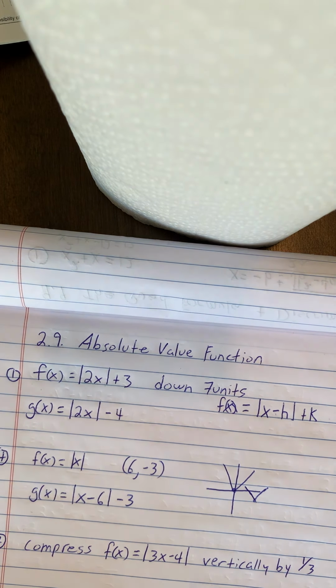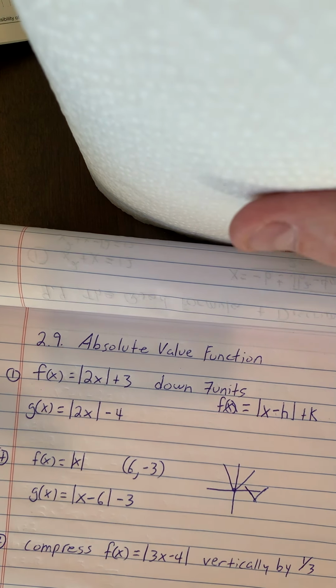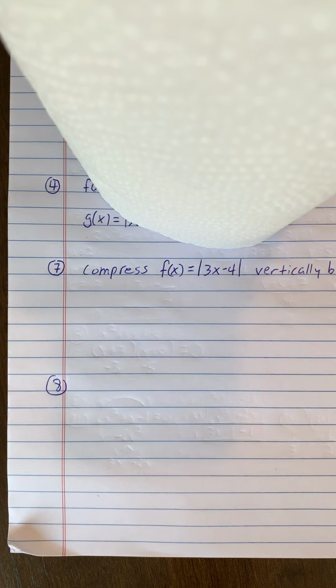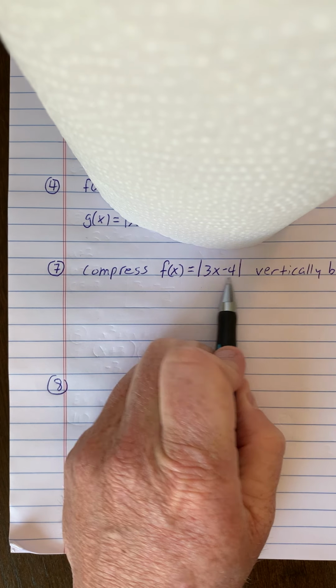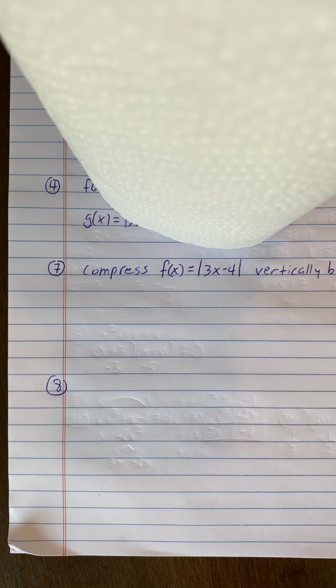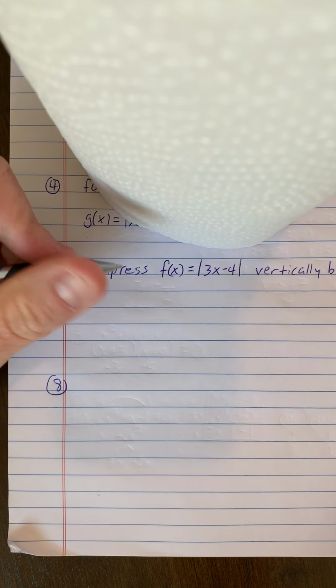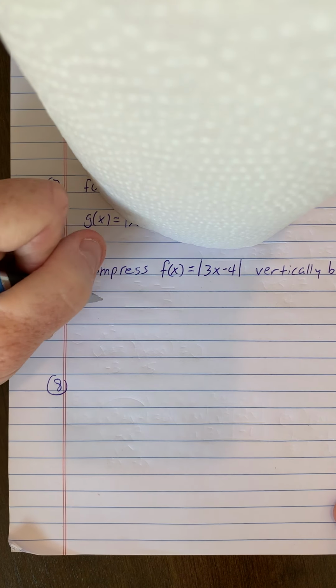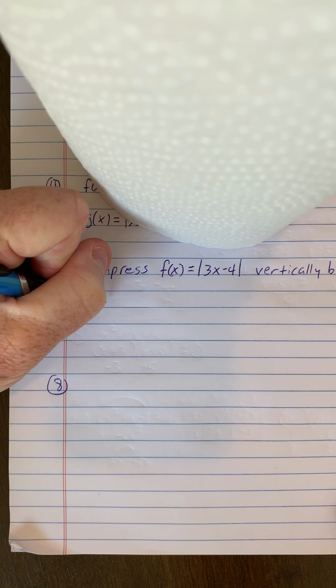Let's talk about number 7 now. Hold on, I can move my paper towel roll. Nice. Okay, let's talk about number 7 now, and it asks us to compress this vertically by 1/3. So a vertical compression is the same as a horizontal stretch, right? So it's going to make it fatter really quick.